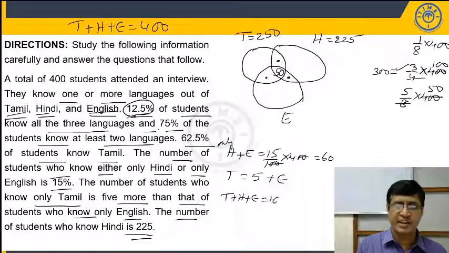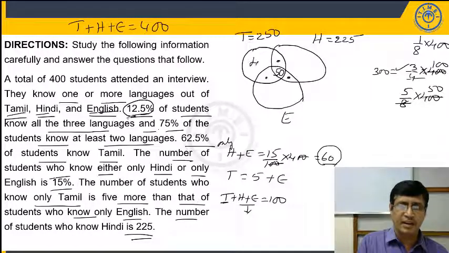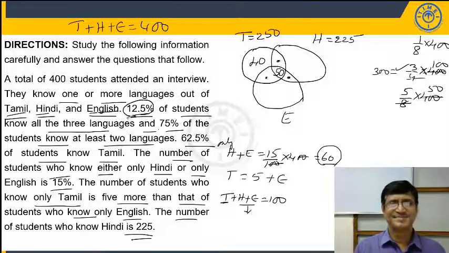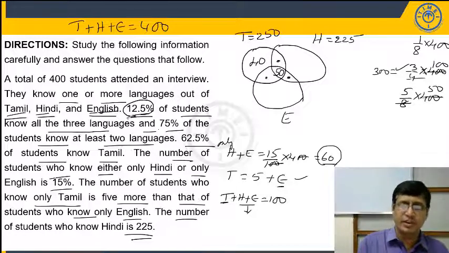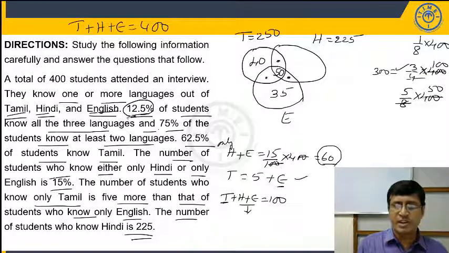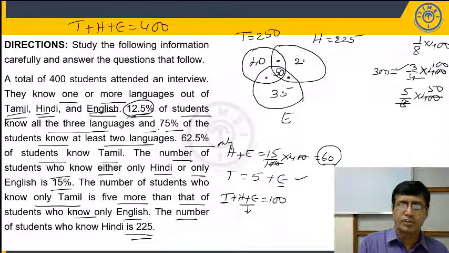And only Hindi and only English together is 60. When 60 is taken for Hindi and English, the remaining is 40, and that 40 is Tamil. Am I right or not? From the statement, Tamil minus 5 is equal to English, so English is 35. English and Hindi both 60, so 60 minus 35 is 25.